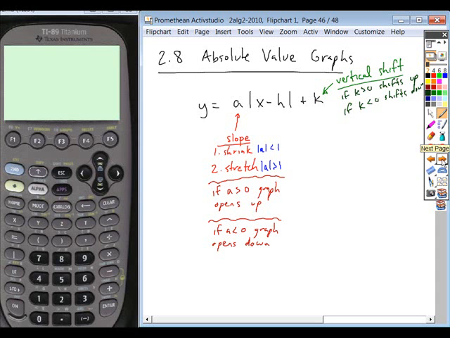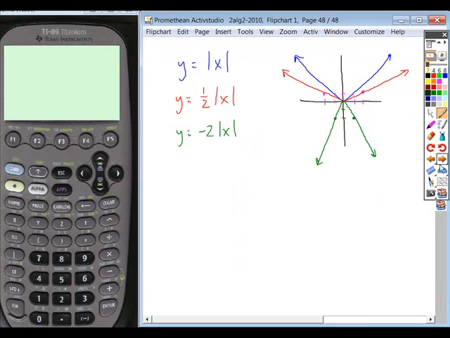Okay, so again, let's take a look at a graph that has those properties. All right, so here we have a graph y equals -3 absolute value of x plus 2. The first thing that you want to do when you're graphing these is plot your vertex.